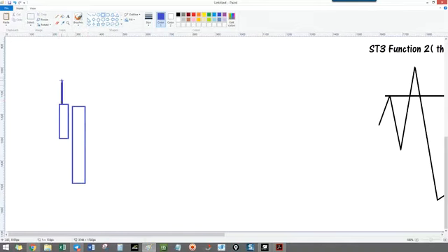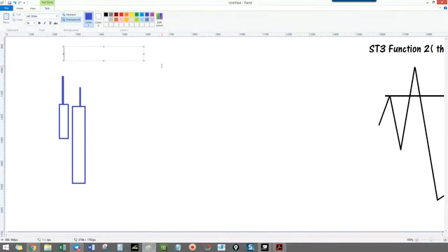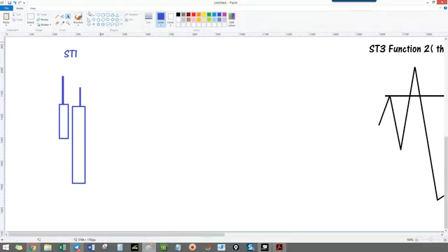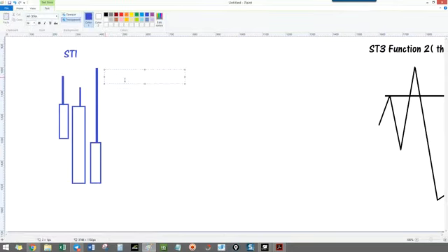Okay, this is ST1. And then you got another price like this. Then you have like that. Okay, maybe like this a little bit. So you got now ST3.